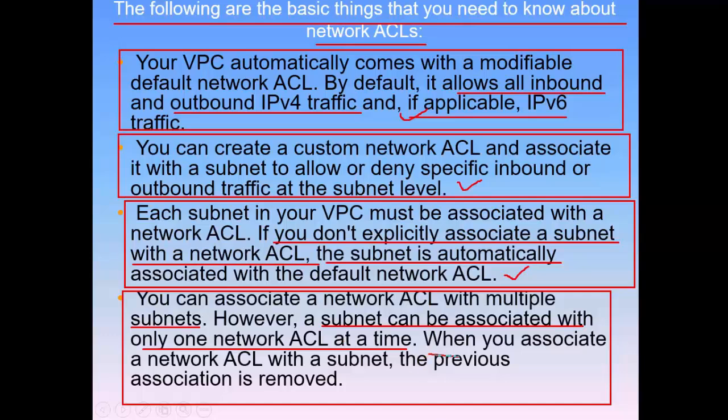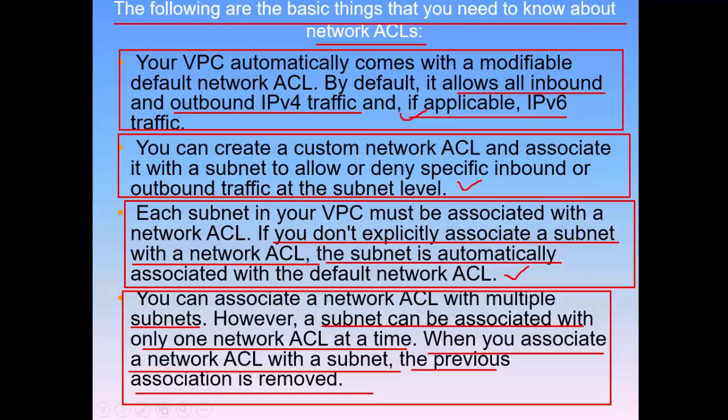When you associate a NACL with a subnet, the previous association of the subnet is removed. It means, as I told you, a subnet can be associated with only one NACL at a time.